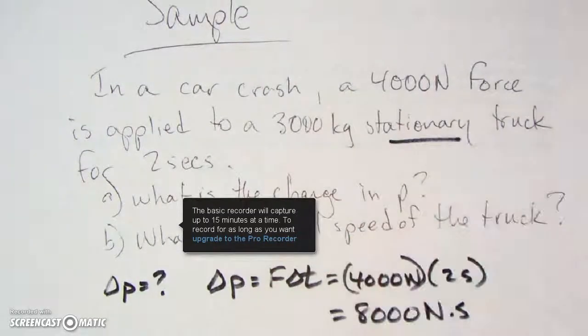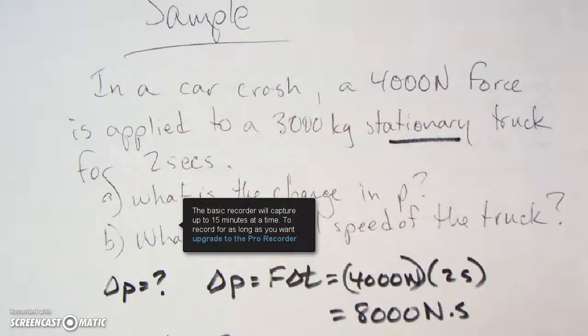Now, what is the final speed of the truck? Well, key thing is, remember, the truck started out as being stationary, and we know that delta P is equal to F delta T, but it's also equal to m delta v. So we know this side already is 8,000 Newton seconds. That's equal to the mass times the final speed minus the mass times the initial speed. So m vf minus m vi.